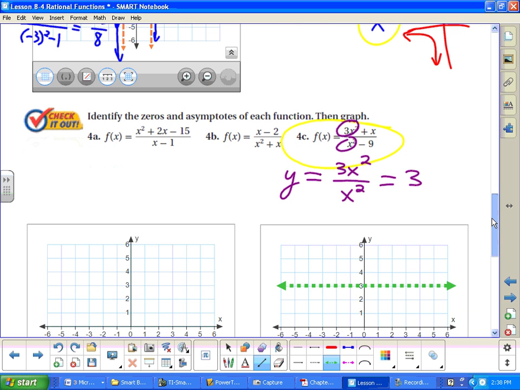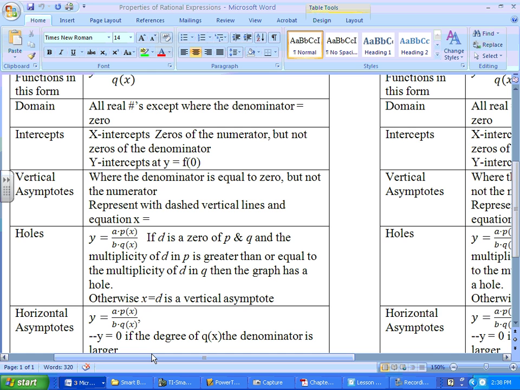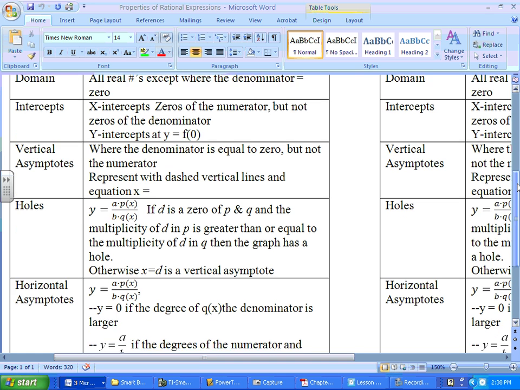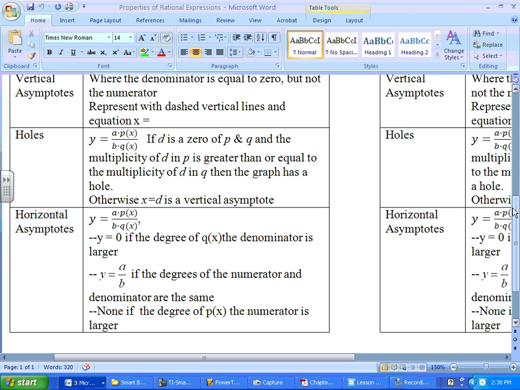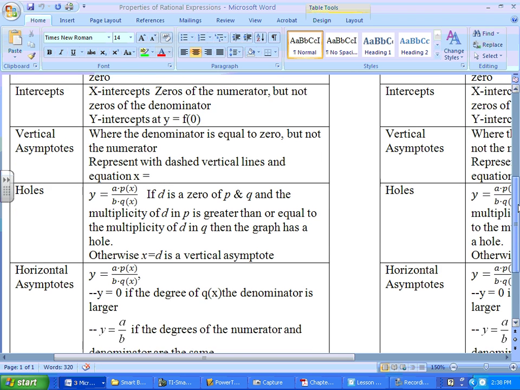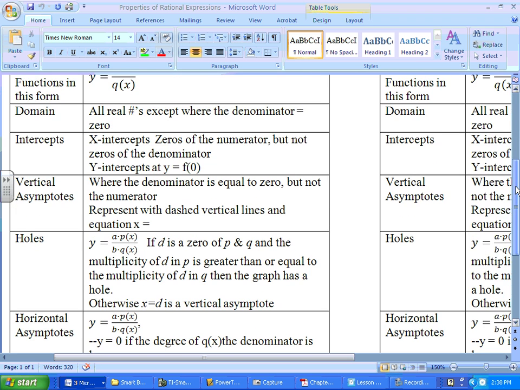And if their degrees are the same, like in this case for letter C here, 3x squared over x squared, then all I have to do is simplify that fraction, and I get my horizontal asymptote. And all that stuff is on here. Okay, a little hard to read sometimes, but it's all here. Just need to take your time and work through it.